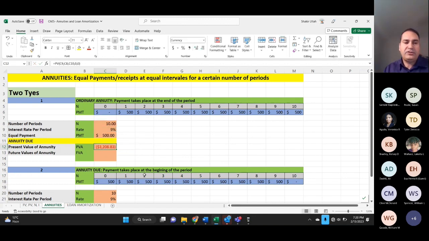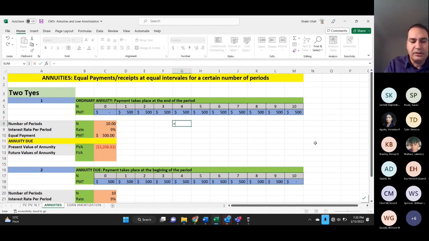If you invest $3,208 today, and let's say these are annual payments, then you will be receiving 500 cash inflow for the next 10 years. So how much are you receiving in total?